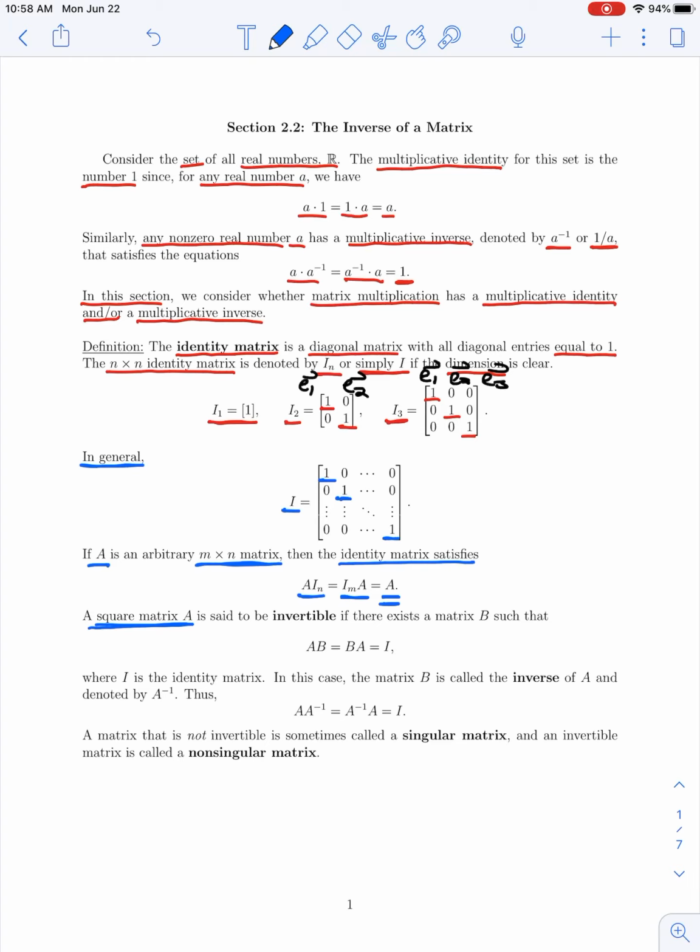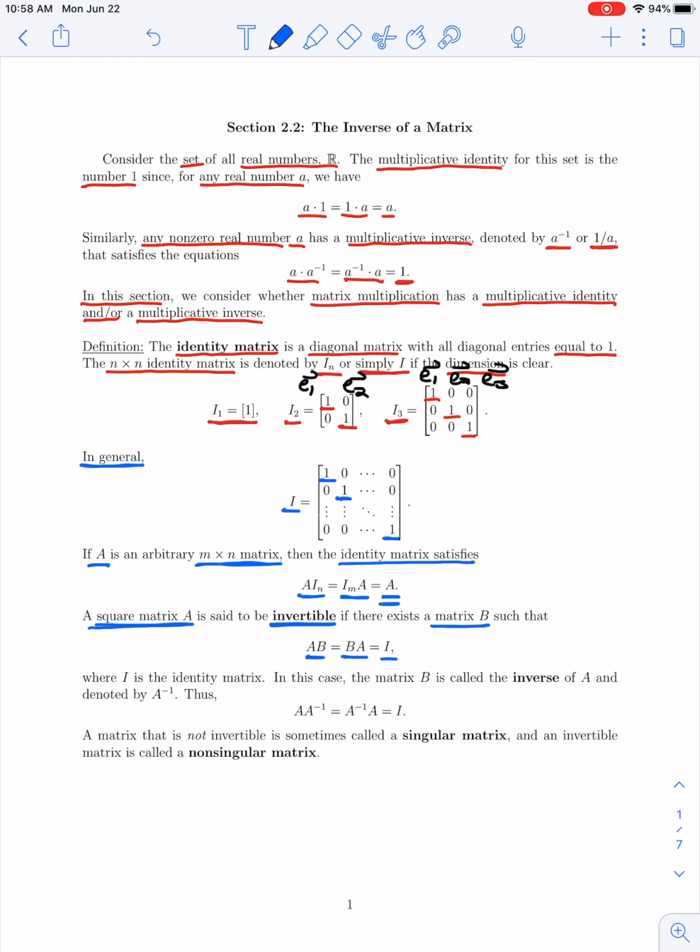So here, a square matrix A is said to be invertible if there exists some matrix, let's call it B, such that A times B is equal to B times A, and both products give the identity matrix.